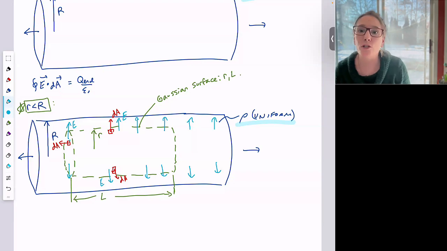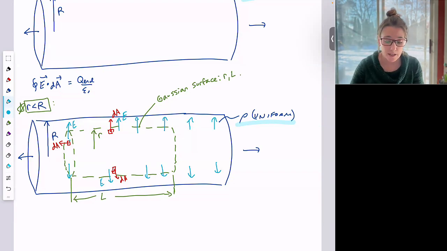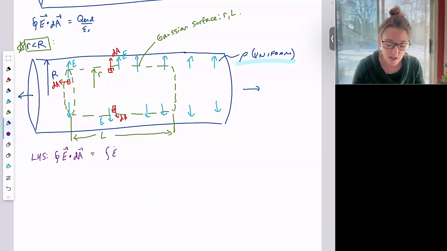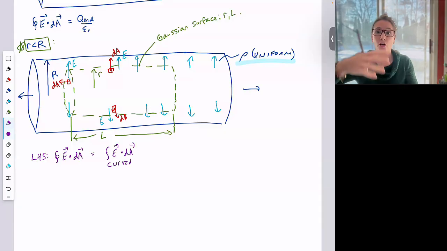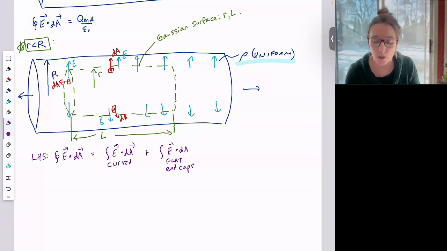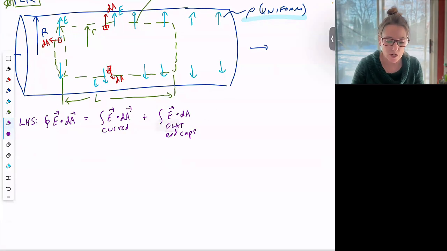So if we start to talk about E dot dA, the left-hand side, the integral of E dot dA, I want to divide this up into the integral of E dot dA for the curved portion of the cylinder, the round outside, plus the integral of E dot dA for the flat end caps, because we can see there's a different angle between those in each of these scenarios.